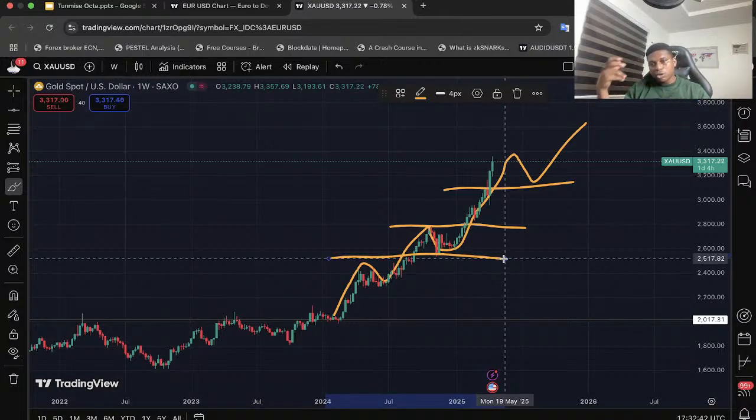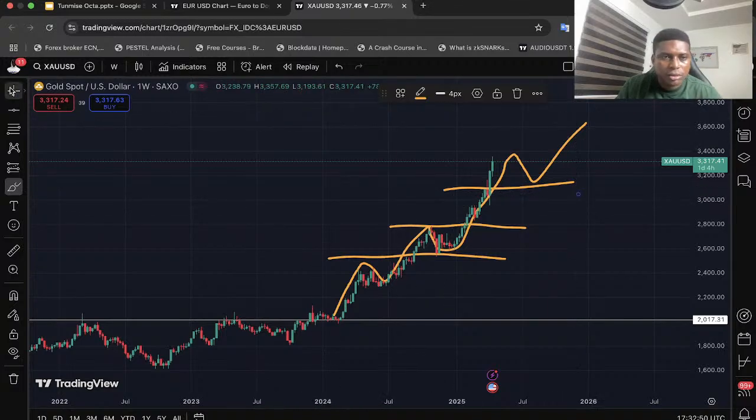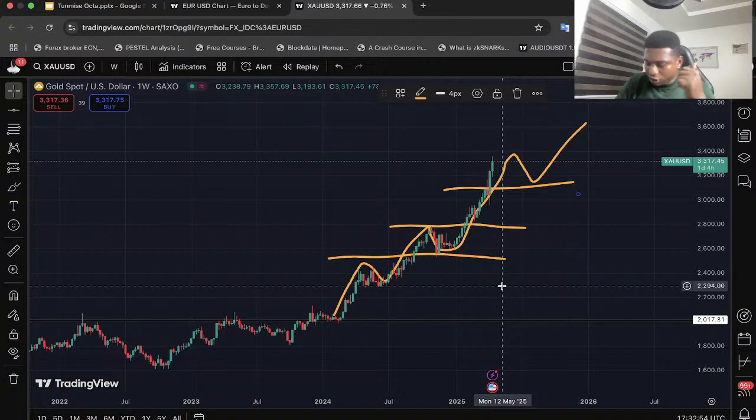And gold keeps going up. This is what we expect on the weekly time frame.